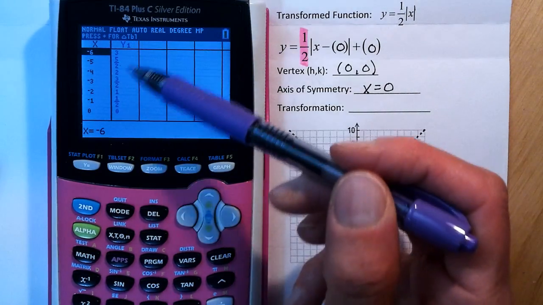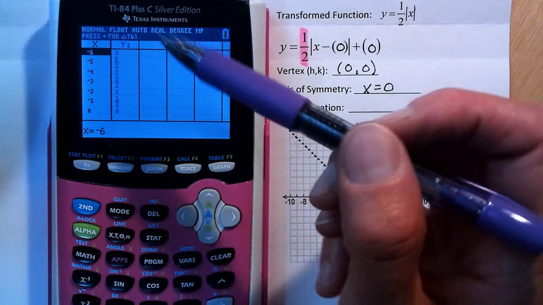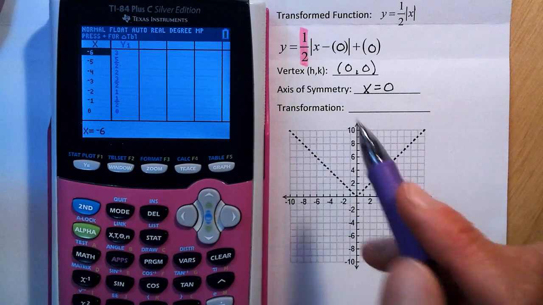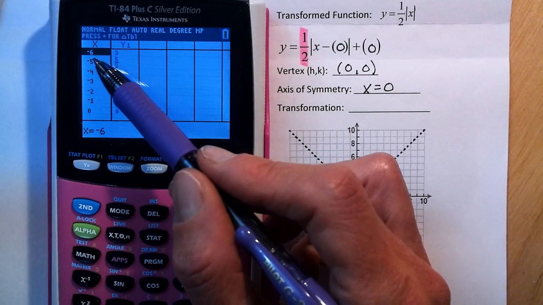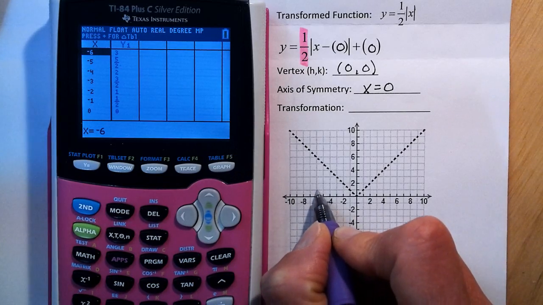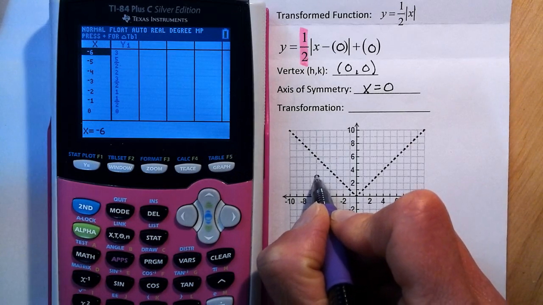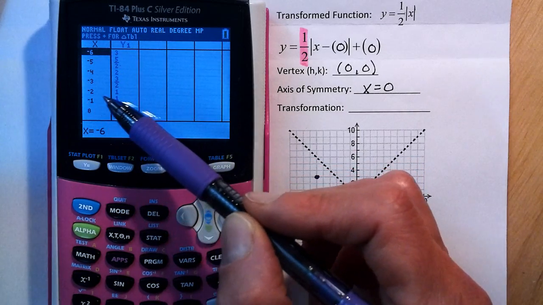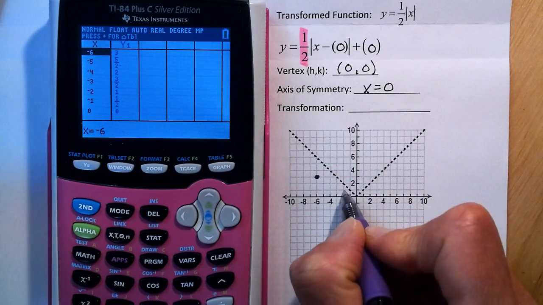So we can see here we have all these fractions. Because this is a straight line function, I'm only going to do my integers. So at -6 I have 3. 1, 2, 3. I'm not going to bother with any of those fractions. At -2 I have 1.